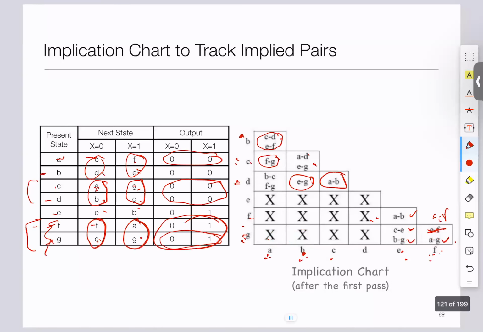So pass one, we just go with the question. For which one? E and G? Right.